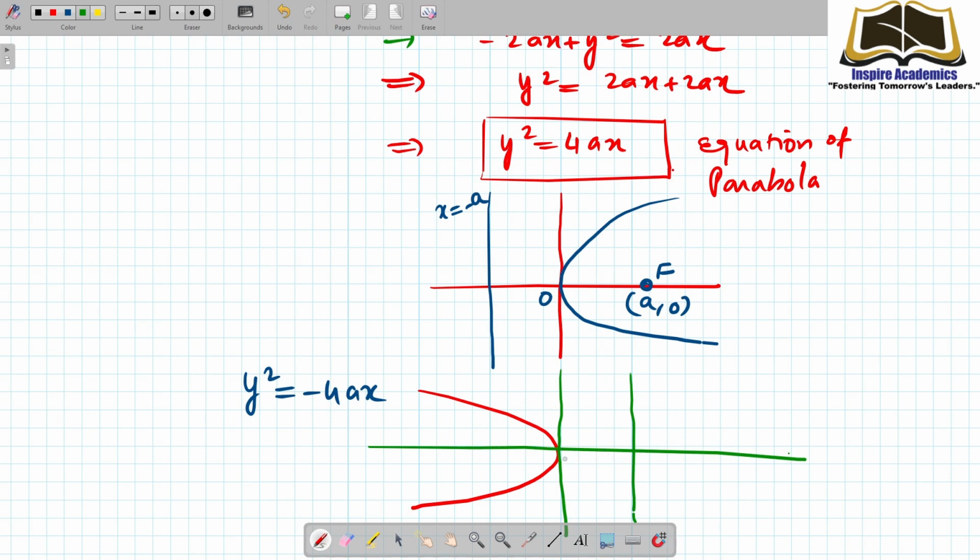Okay, so this is your origin. This is focal point will be negative a comma 0, and here this would be x equal to a. So orientation will be reversed if it is y square equal to negative 4ax.